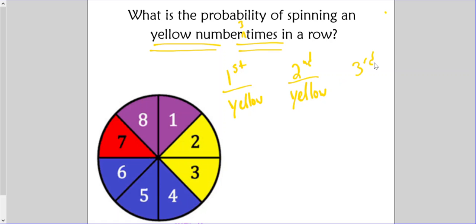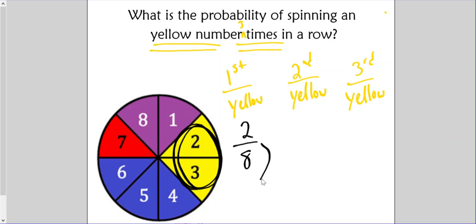And then on the third spin, I get another yellow. So again, these are independent events. The chance that I get the first yellow doesn't change the second one or the third one. They're all separate events. So I'm thinking about yellow number as these two options. 2 out of the total, which is 8. I'm going to simplify that into 1/4.